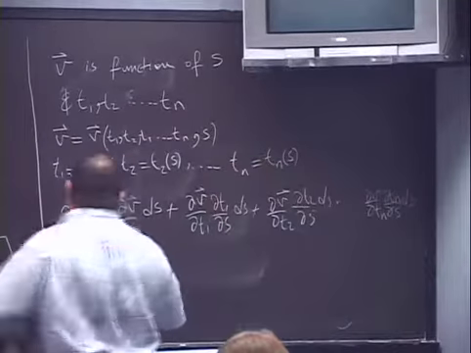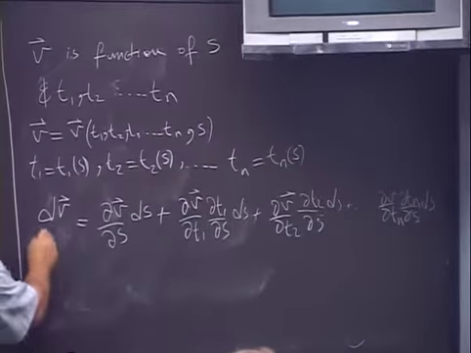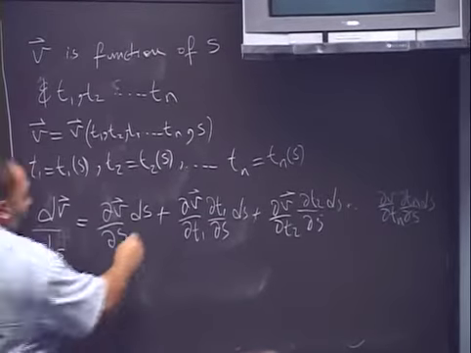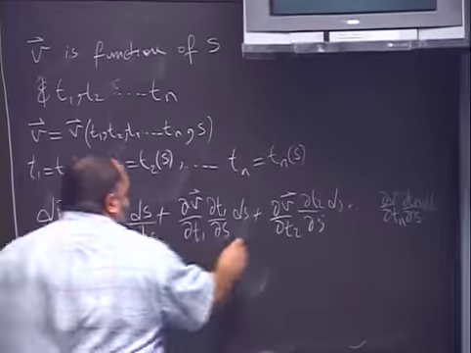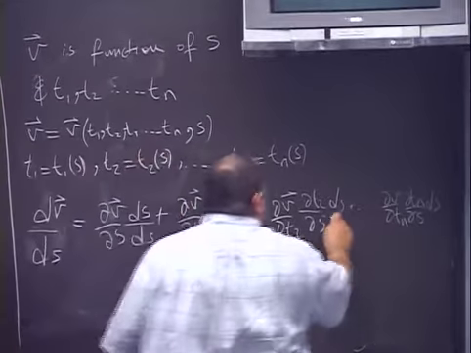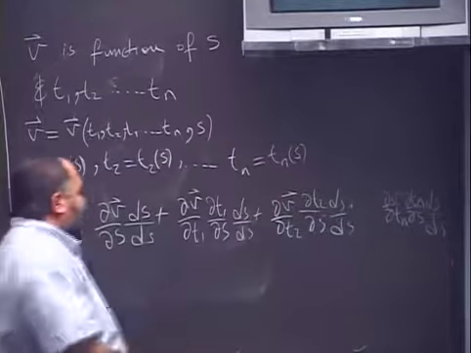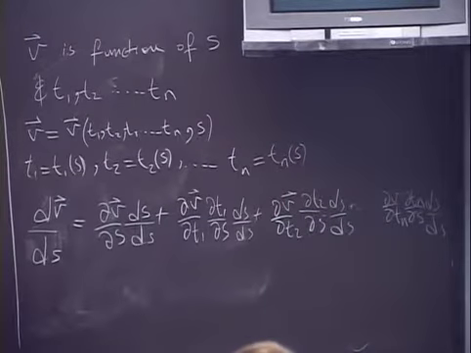And if you want to get this with respect to ds, you have to divide by ds everywhere. So I divide by ds here, here, here and here. What happened for ds over ds? Cancel out.